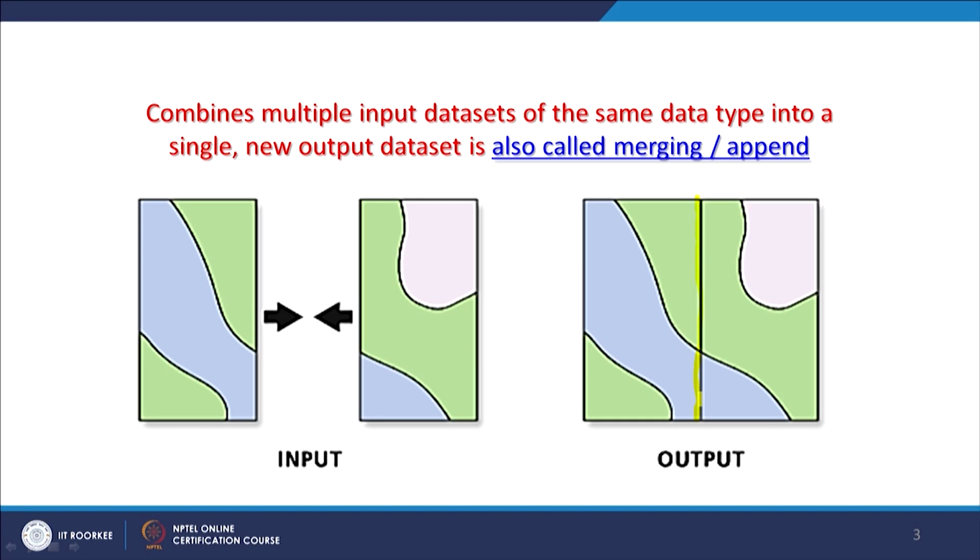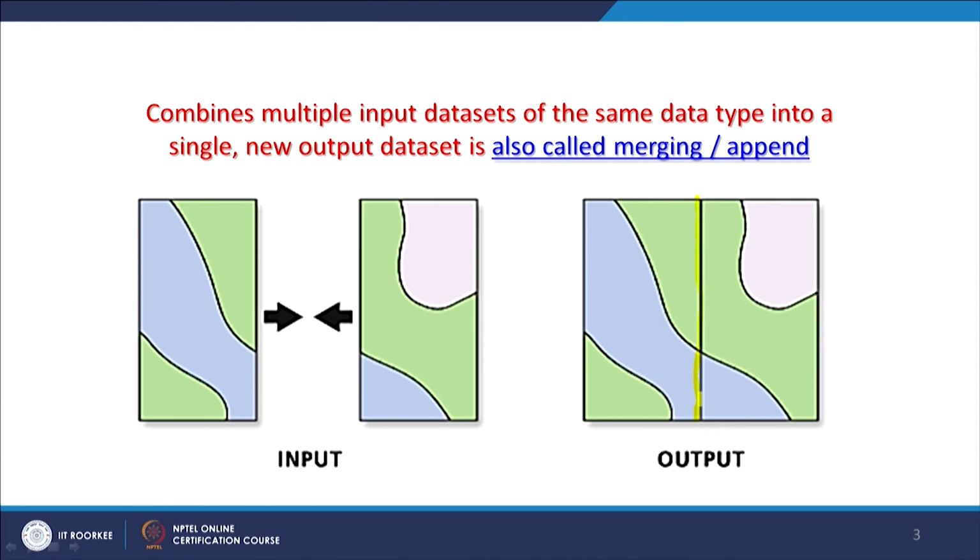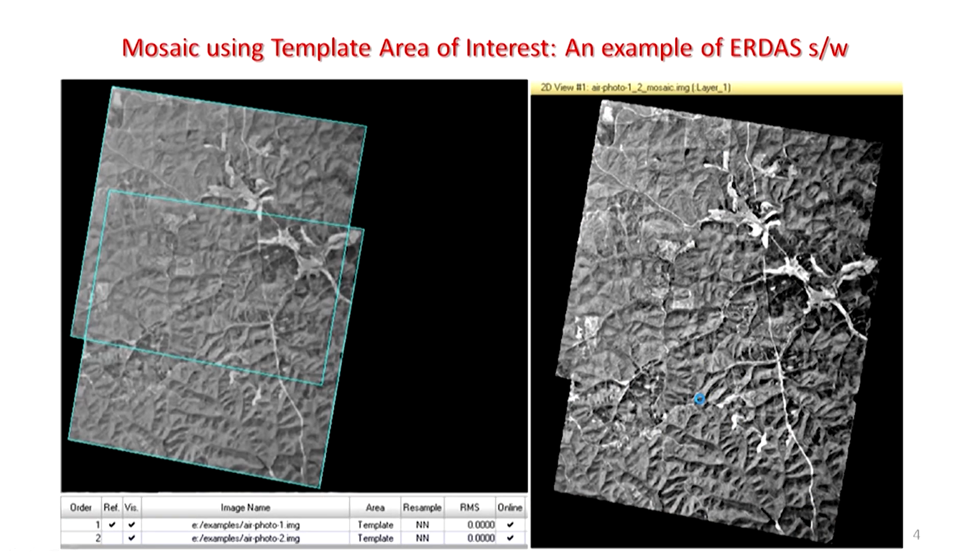Anyway, that seam can also be removed by certain techniques, and a combined mosaic can be created. When we see the real images, this is the mosaic which we can do in a commercial software, which I have been discussing in demonstrations also.